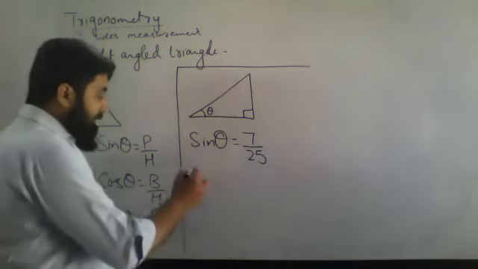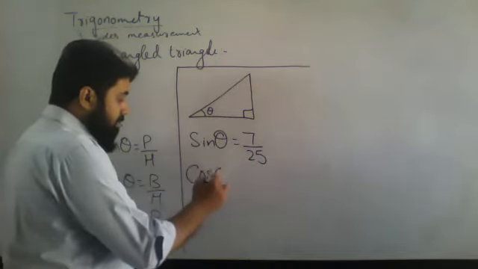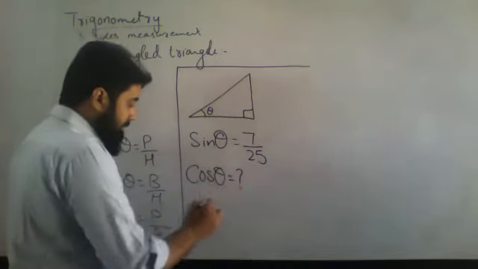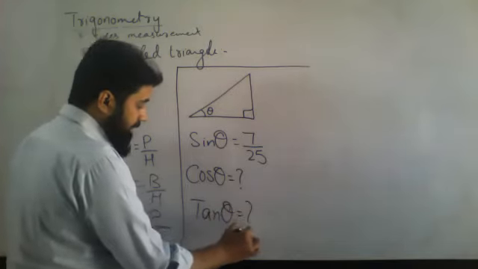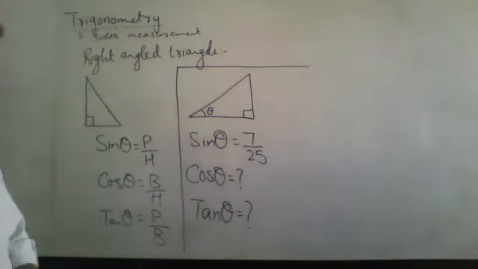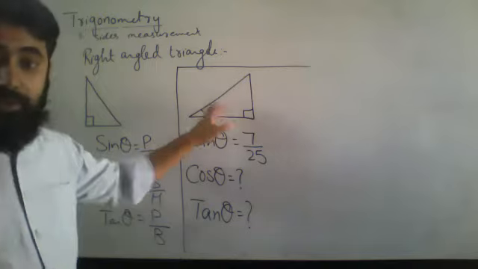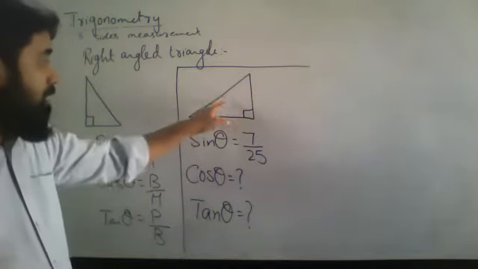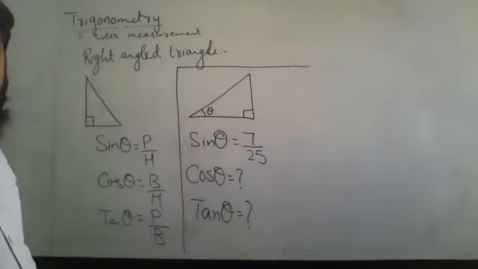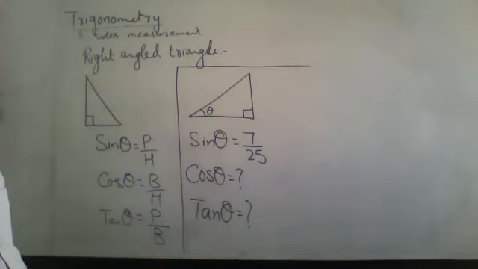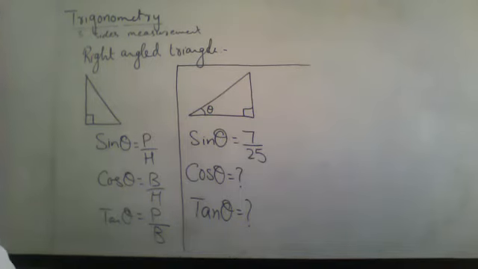Okay, and they are telling me to find cos theta and to find tan theta. So sine theta is 7 over 25, cos theta and tan theta are missing, and I have to find those.